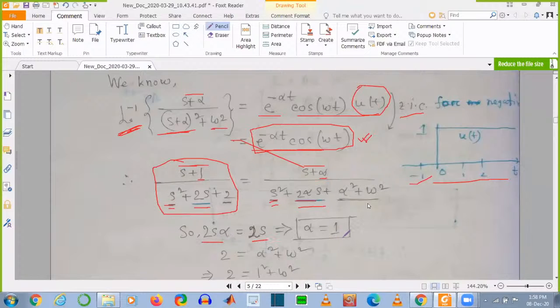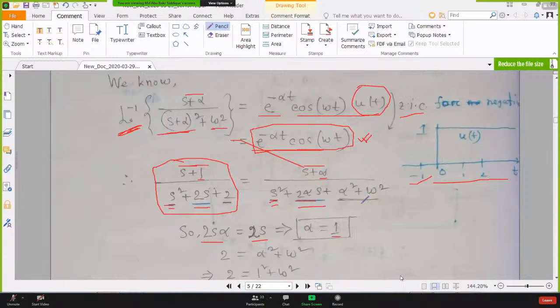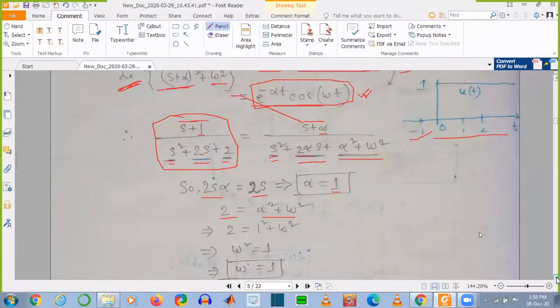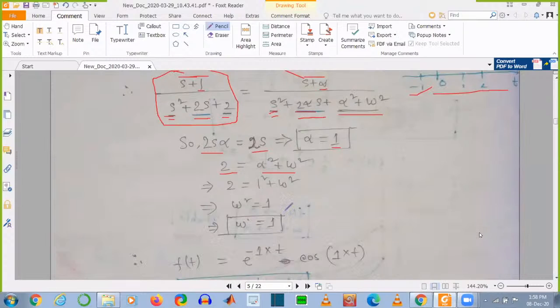Is that clear? Then for the last term, alpha square plus omega square, we have 2 here. So 2 equals alpha square plus omega square. We already know that alpha is 1, so alpha square equals 1 square, and omega square is there. So omega square equals 1, and you know that omega will be 1. So omega equals 1.